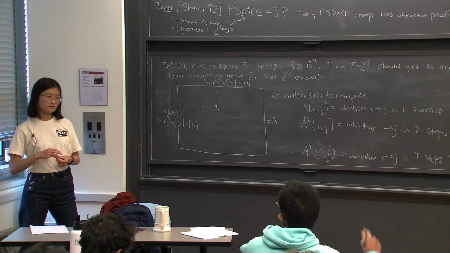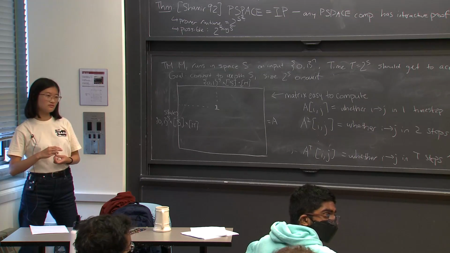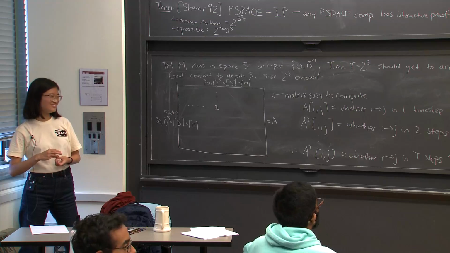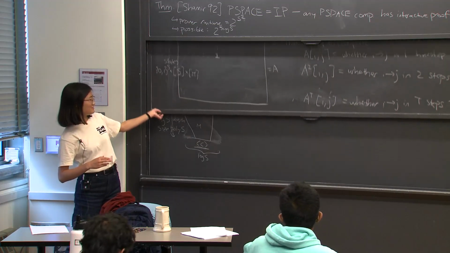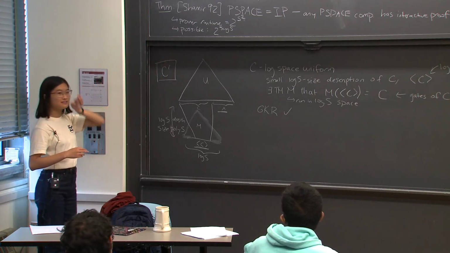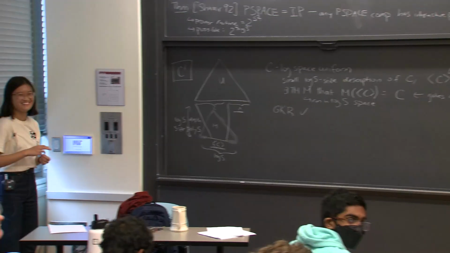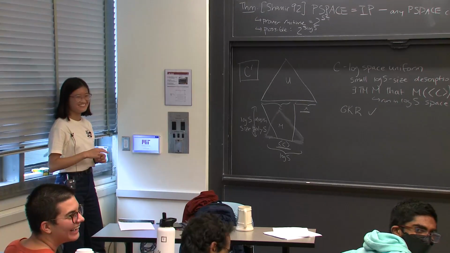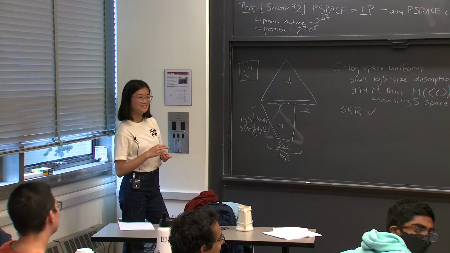Just in terms of where we're at in class, we just proved this theorem. Is this the same reasoning for why the log space uniformity thing works out too? It's kind of weird because you don't actually take A as input. A is hard coded into the circuit, right?